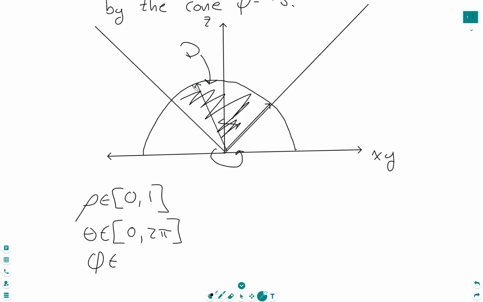We could have gone from this side to this side and then had theta go from 0 to pi, or we could go from the center here all the way down and go from 0 to 2 pi in theta. So since we already said that theta is going from 0 to 2 pi, we're going to say that phi goes from 0 to the edge of that cone, which was pi over 3.